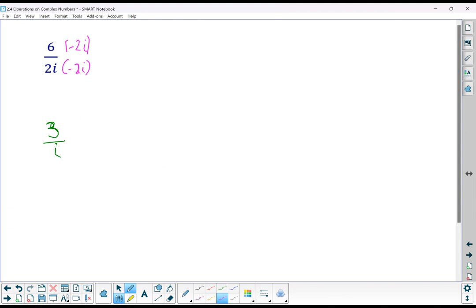So if we multiply the top by -2i, we have a -12i. And if we multiply the bottom by -2i, we get -4i squared. That i squared is just -1, so this becomes -12i divided by a positive 4, because -4 multiplied by -1 is positive 4. So our final answer would be -3i.